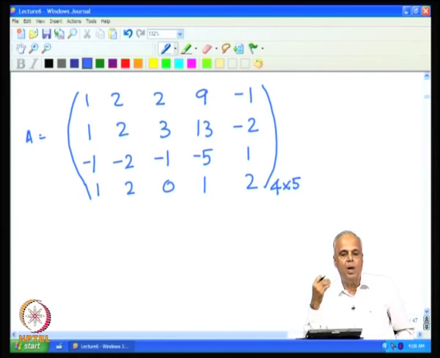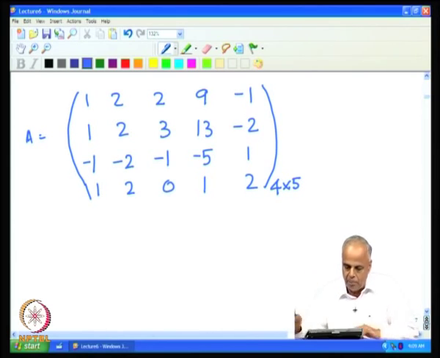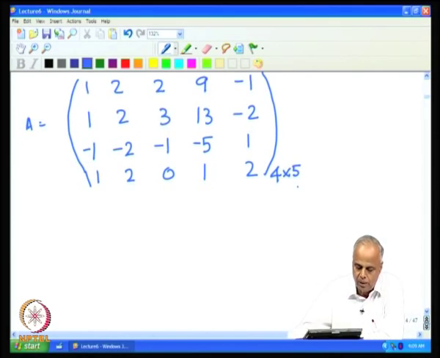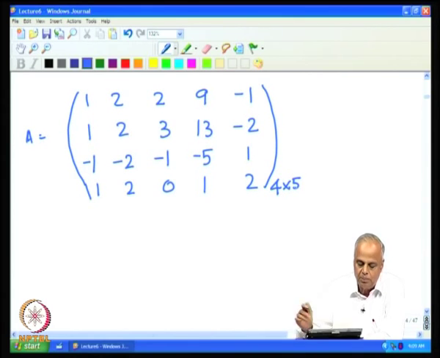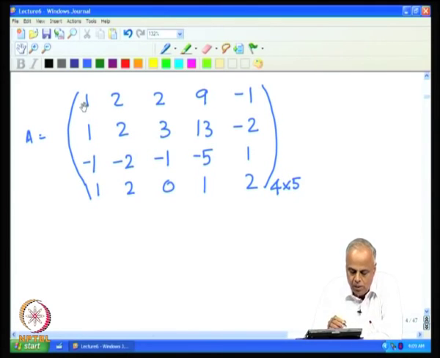So, we have to now apply our reduction process to this matrix to bring it to the row reduced echelon form. Let us do this step by step. What do we do in the first step? Take the matrix, scan the first column. Does it have non-zero entries?